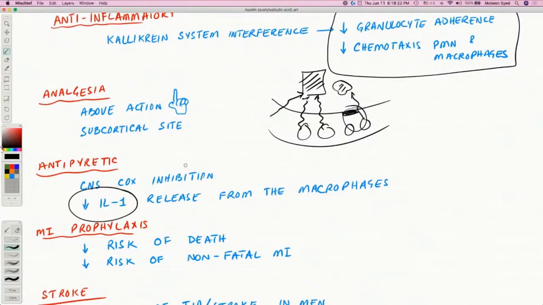Remember, interleukin-1 is released from macrophages when they are eating up viruses and bacteria. So when the interleukin-1 production is reduced, that reduces fever, because it is interleukin-1 that goes to the brain and then causes the hypothalamic fever system or the temperature controller to become disrupted, and that is what causes the fever. So aspirin helps reduce interleukin-1.